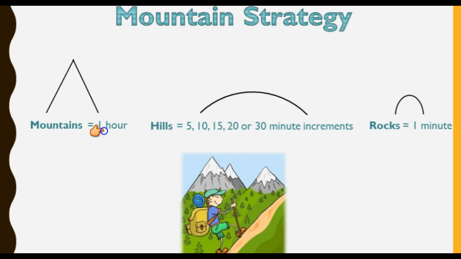So mountains are 1 hour, rocks are 1 minute. Now hills in the middle, you could choose what time increment that you want to use. I typically do 10-minute increments, and then sometimes use 5-minute increments. Okay, so I'm going to show you exactly how to go about this.